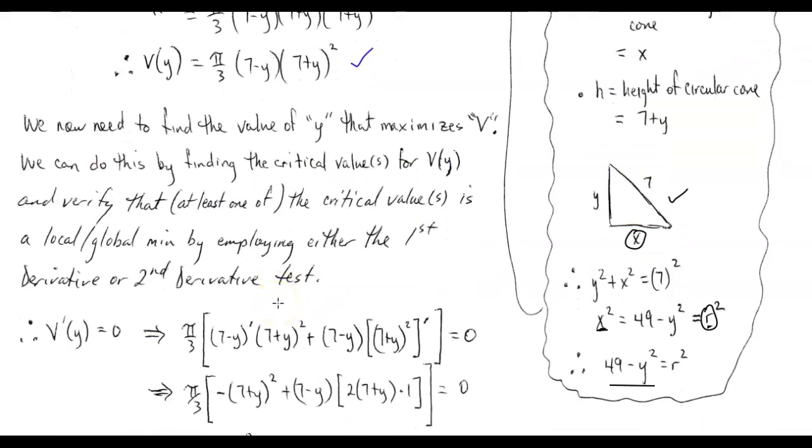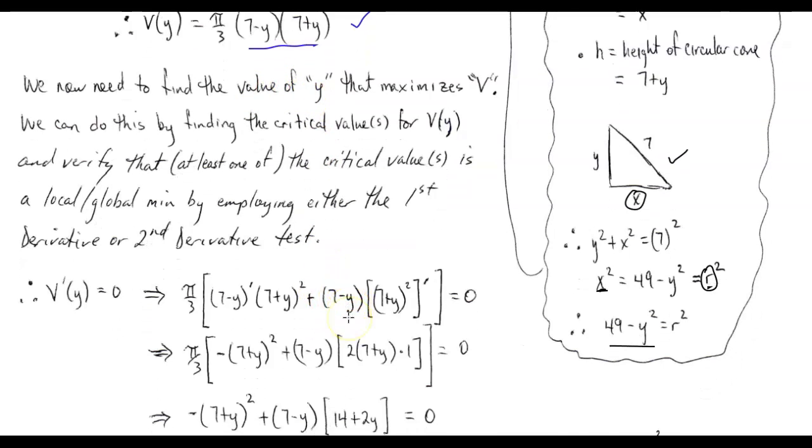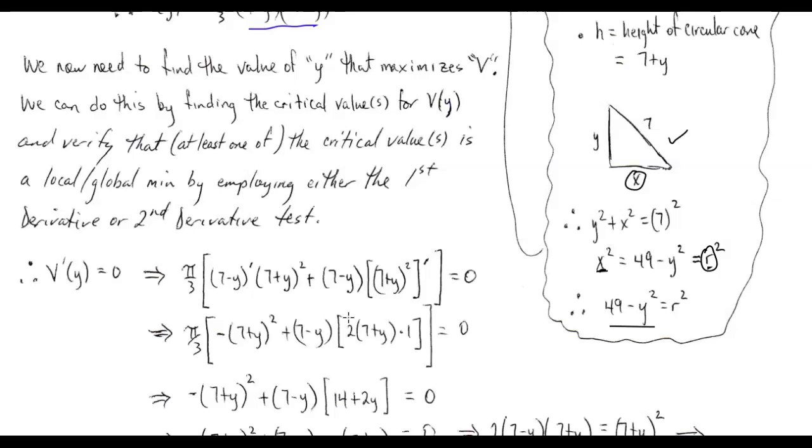You can go ahead and multiply out everything and then have everything in terms of Y cubed plus something Y squared. But to me, I found it easier just to leave it in factored form here and just utilize the product rule and the chain rule. That way I didn't have to deal with any huge numbers that may have resulted here.